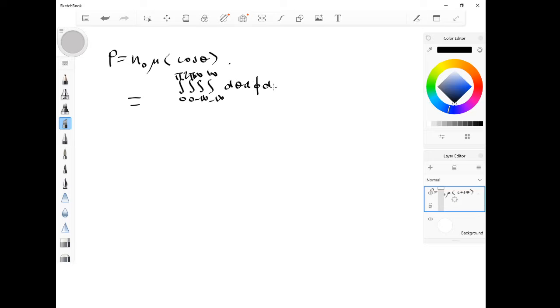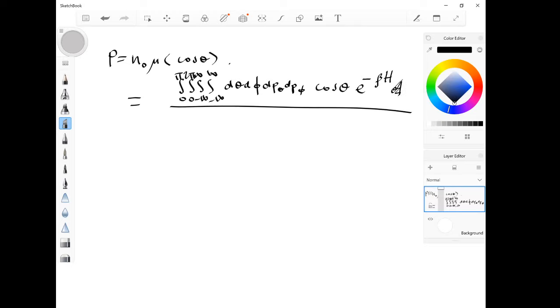D P of theta, D P of phi, and over cos theta, e to the minus beta h, and then over z.